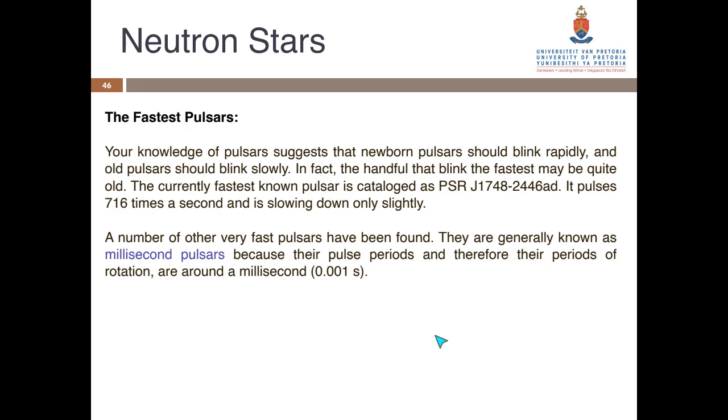The current fastest known pulsar is catalogued as PSR J1748, and it pulses at 760 times a second and is slowing down only slightly. A number of other very fast pulsars have been found, and they are generally known as millisecond pulsars because their pulse periods, and therefore their periods of rotation, are around a millisecond.